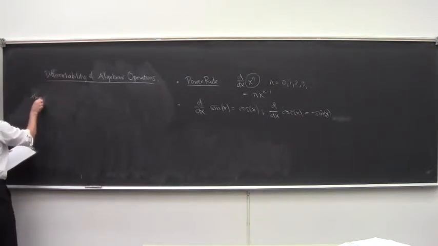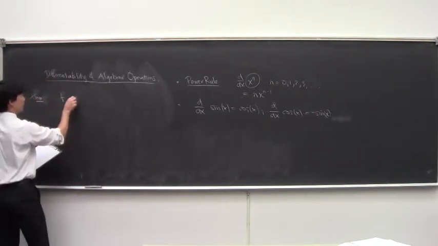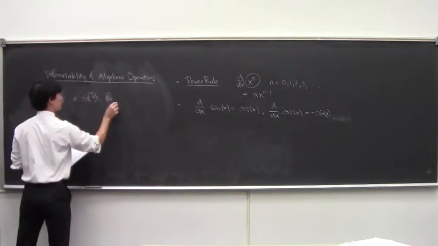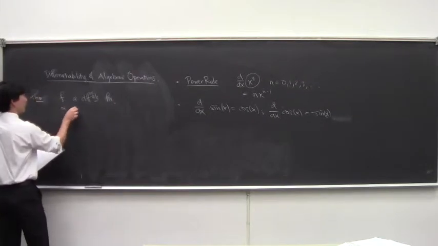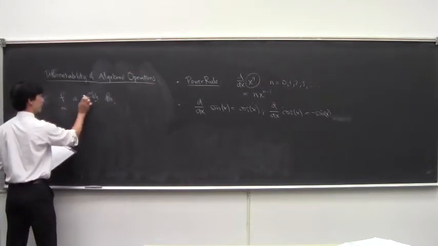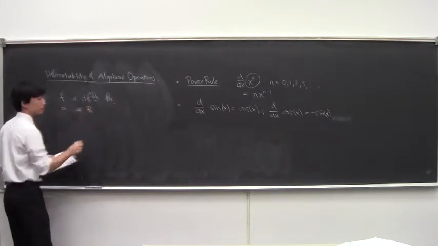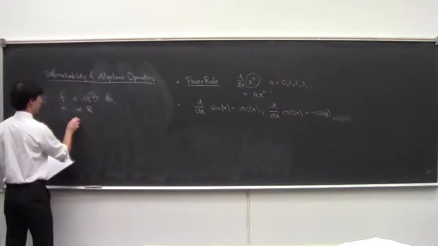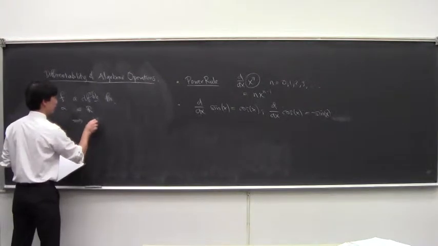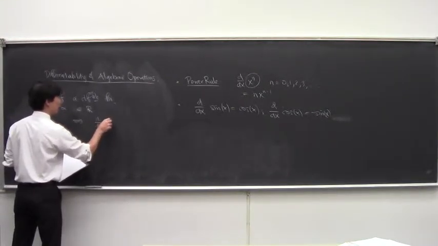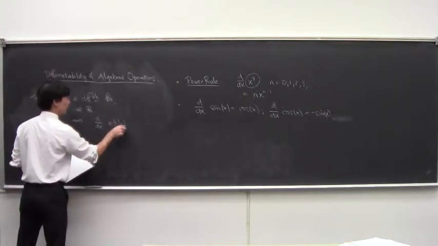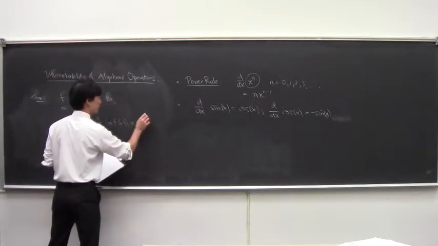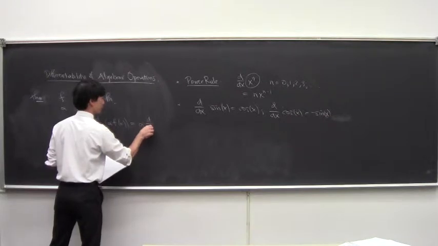It says this: if you have some differentiable function f, and alpha some number, then the derivative of alpha times the function is just going to be alpha times the derivative of that function.